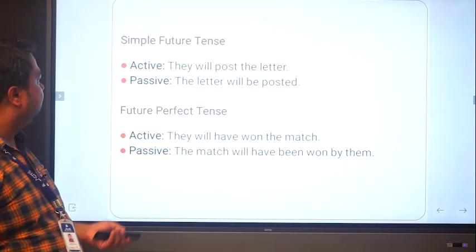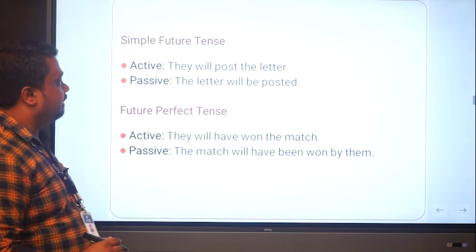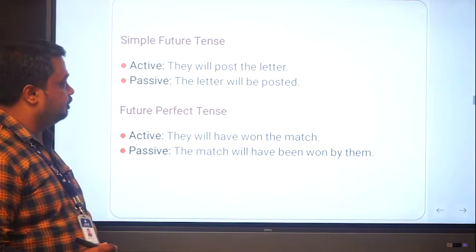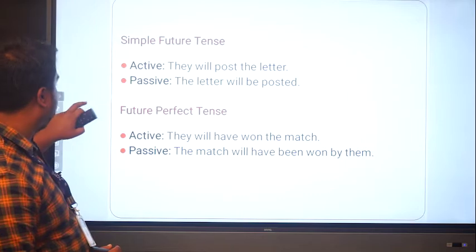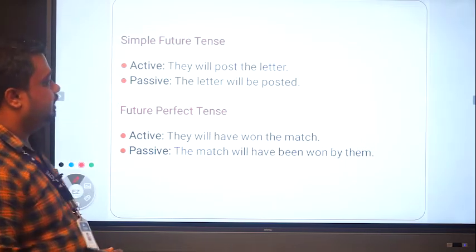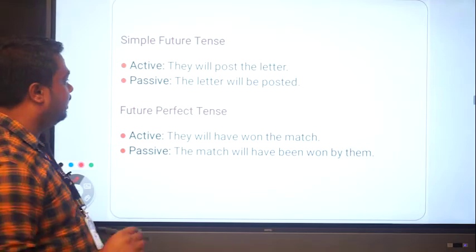Now let's see the last tenses. Simple future. They will post the letter. So the passive voice of this is the letter will be posted by them. We can say or the letter will be posted.